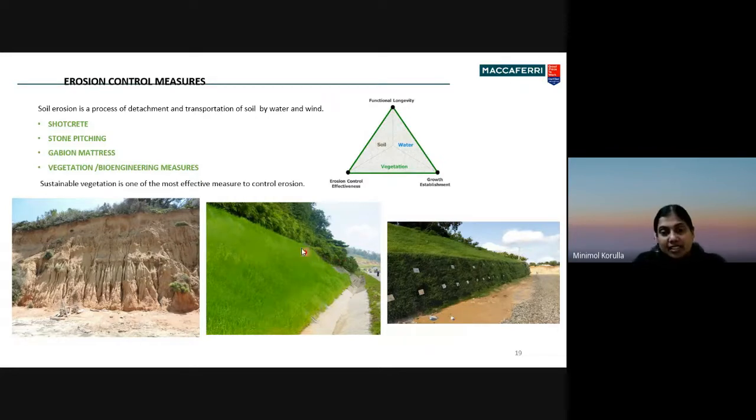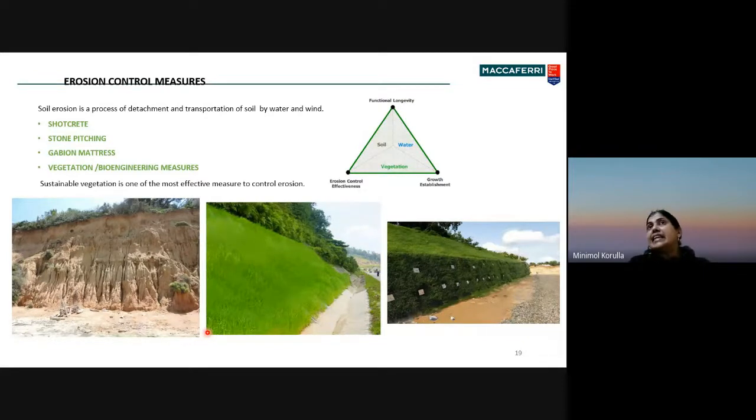Not in this case; here it is only 45 degrees. But if it is more than 70 degrees, the mat being used for covering this area may get torn off. So extra measures need to be taken when the slope is steeper.